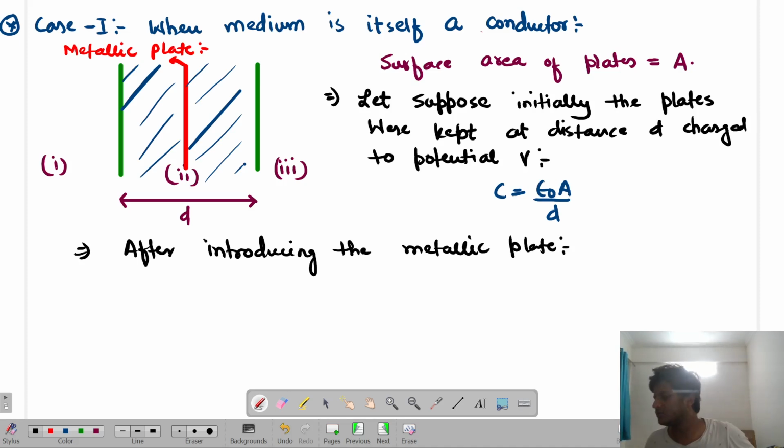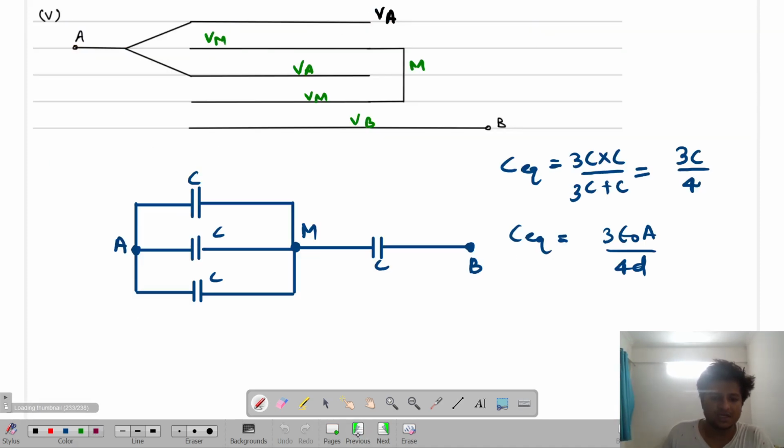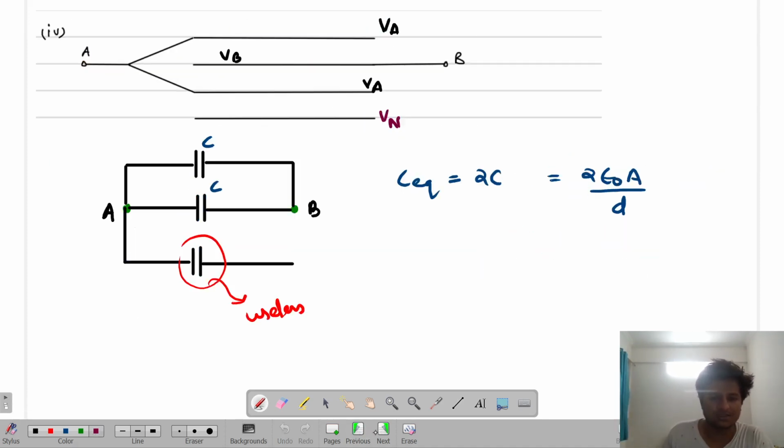This got divided into two parts. Is that clear? Yeah. But one thing is there, when we divide in terms of d by 2, when I connect them with the two potential, isn't this looking like the initial case? Like when we divide in terms of d by 2 thickness and all, isn't it? Are you able to get me?